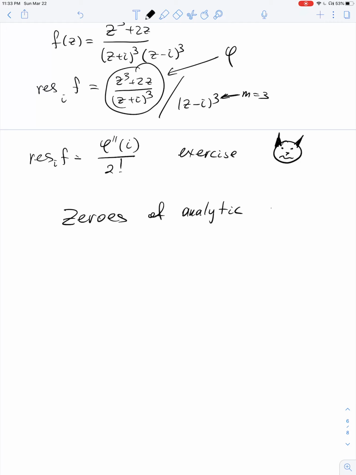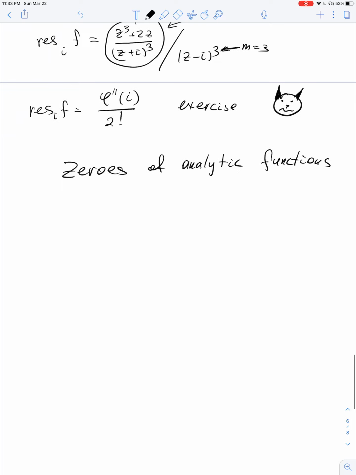I have no idea why it is here and not earlier, but it is. So let's now go back to analytic function and assume f is analytic around z equal to z0.